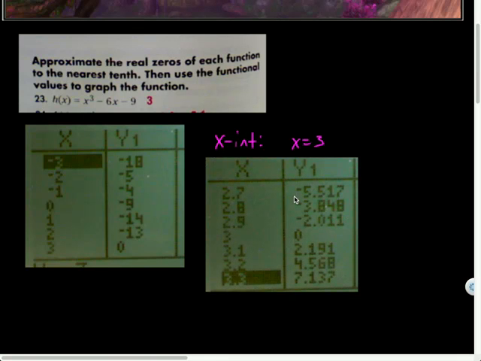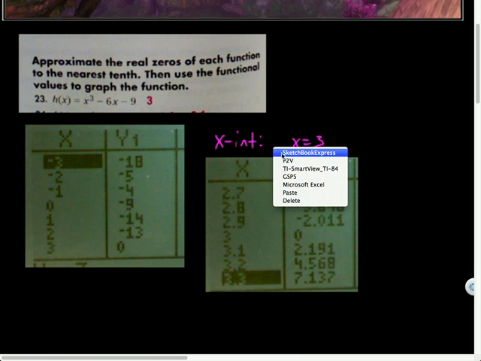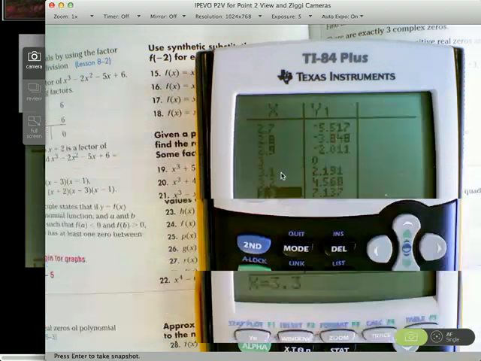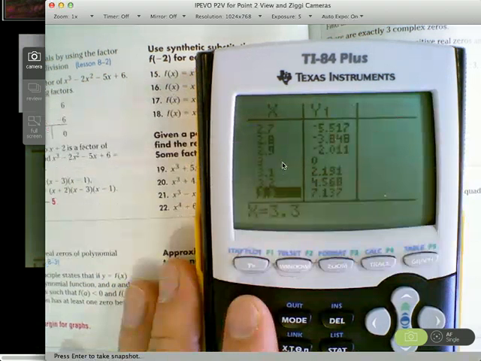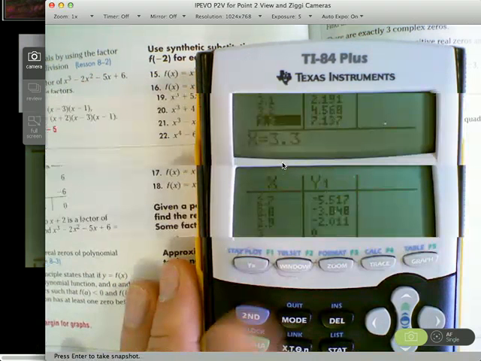Now let me just extend the question slightly. What if I want to find not an x-intercept, but a min or a max? So let me go back to the table set.